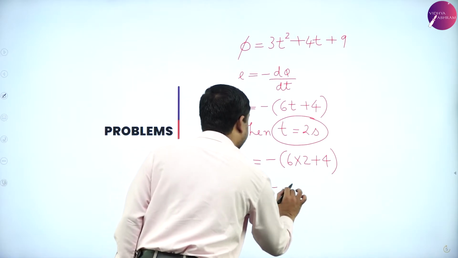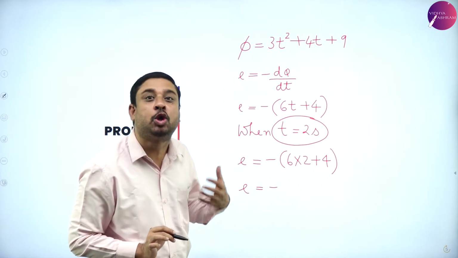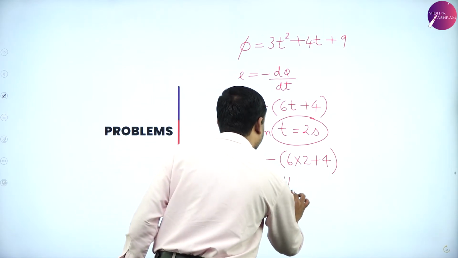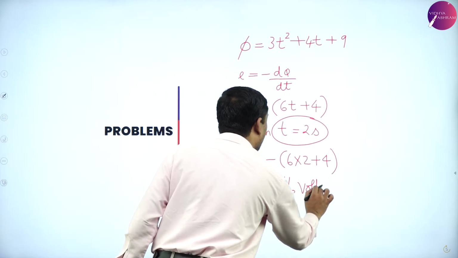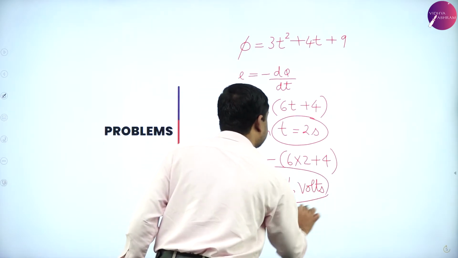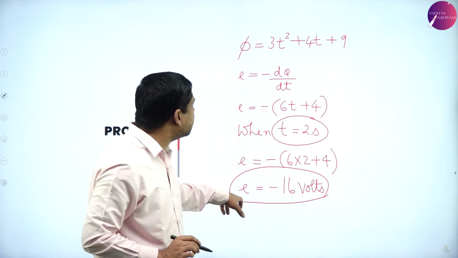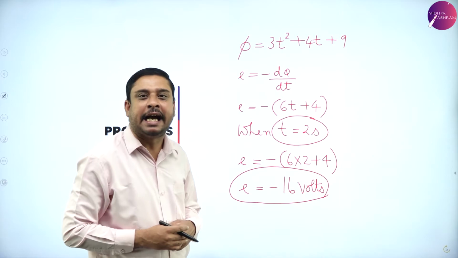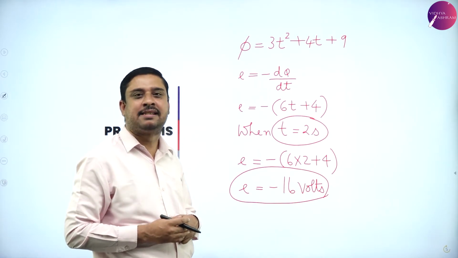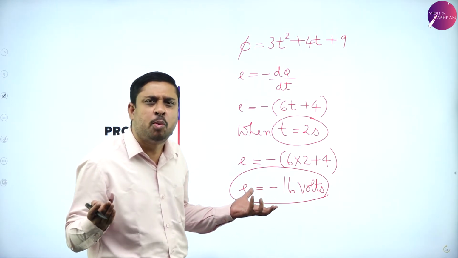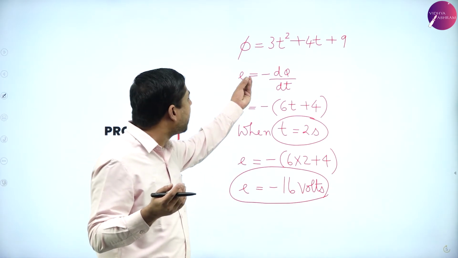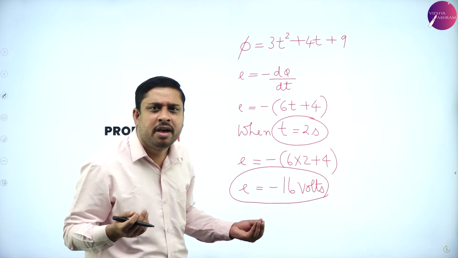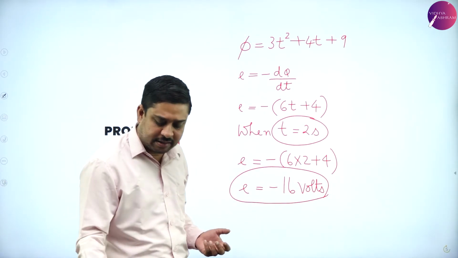That is minus 6 into 2, 12, plus 4, 16. So minus 16 volts is the answer. So this is the EMF induced when the time is 2 seconds. See, how easy it is. Simple expression. With a little differentiation knowledge, you will arrive at the answer.